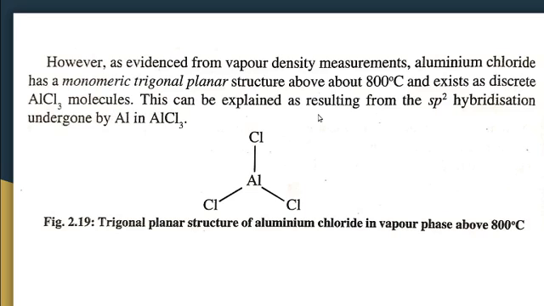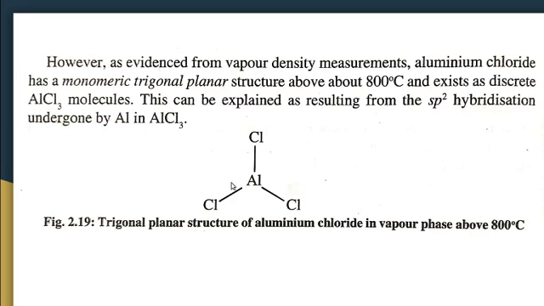This can be explained as resulting from sp2 hybridization undergone by aluminium in AlCl3. So when the temperature is about 800 degrees Celsius, aluminium chloride can assume a trigonal planar structure with discrete AlCl3 molecules, meaning single molecules of the AlCl3 unit.